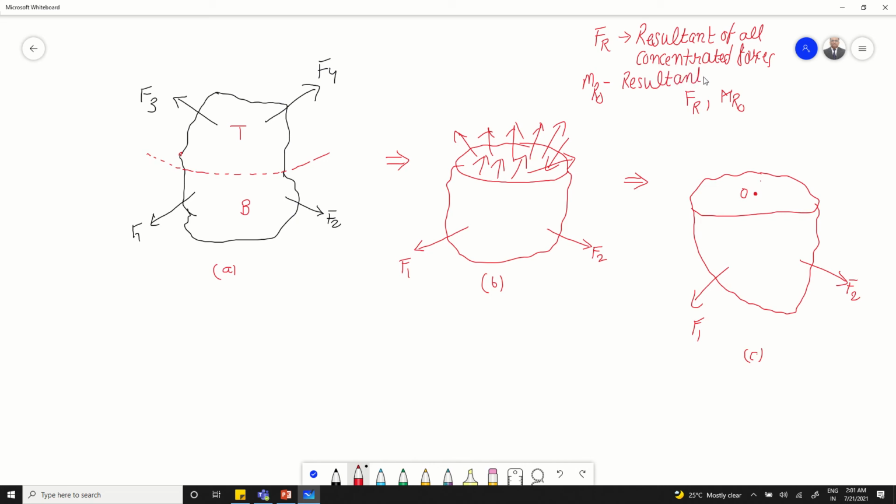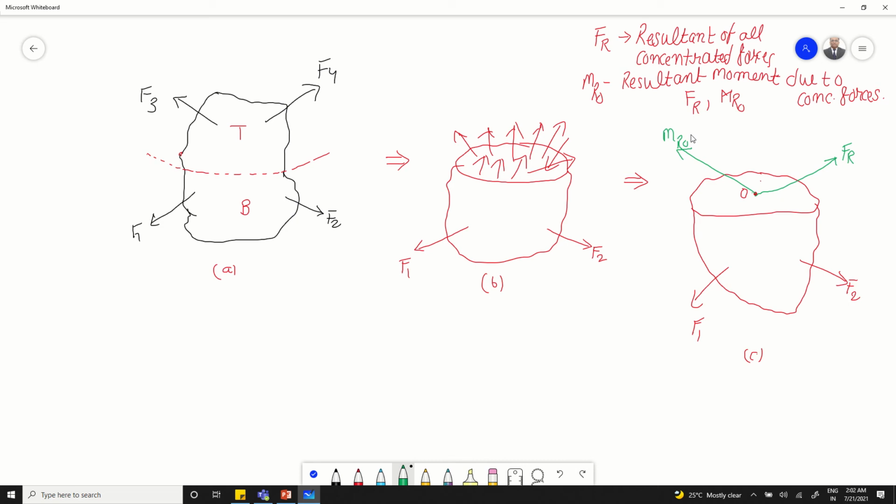We call this the resultant moment due to these concentrated forces. So we assume FR to act like this, and we assume MR0 to act like this.